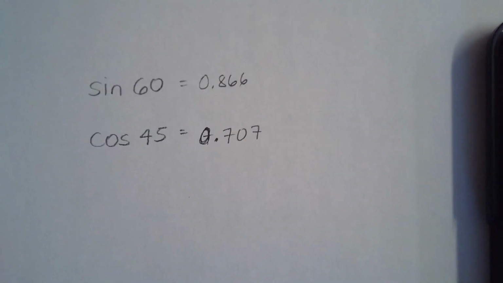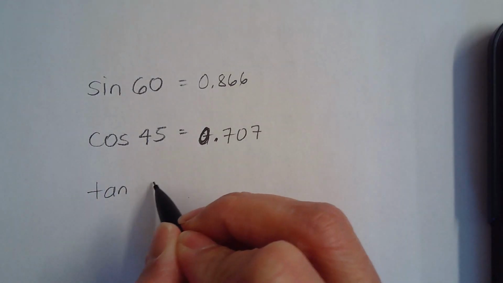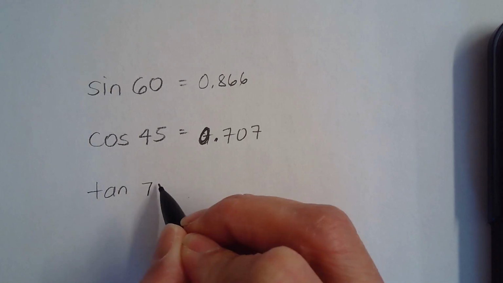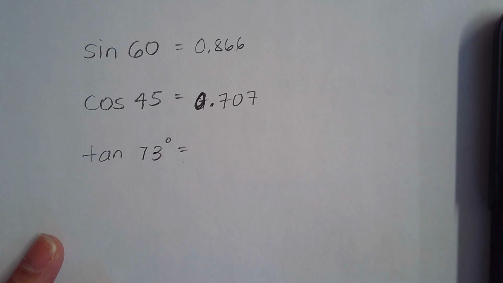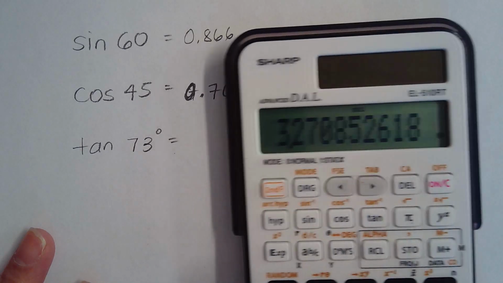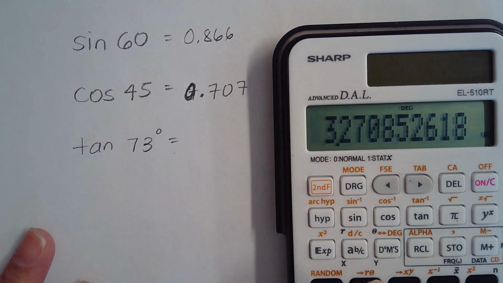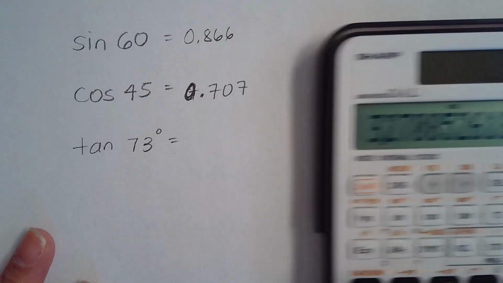Good. Is that okay? Let's do one more. Let's go tangent of 73. I'm just making it up, really. Tangent of 73. Did you get 3.27? Yeah?